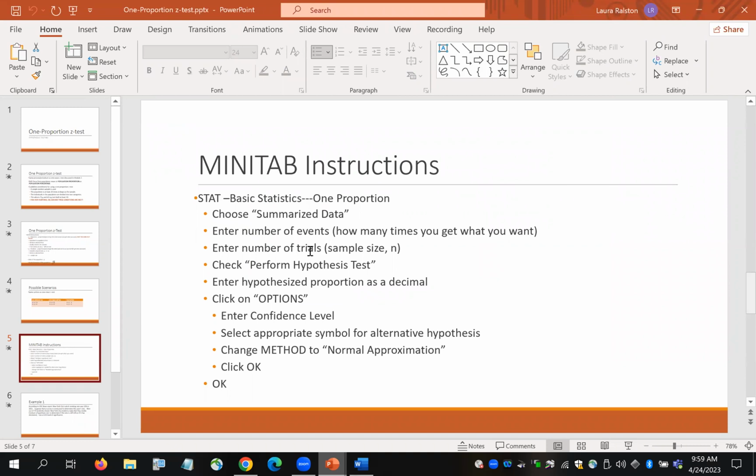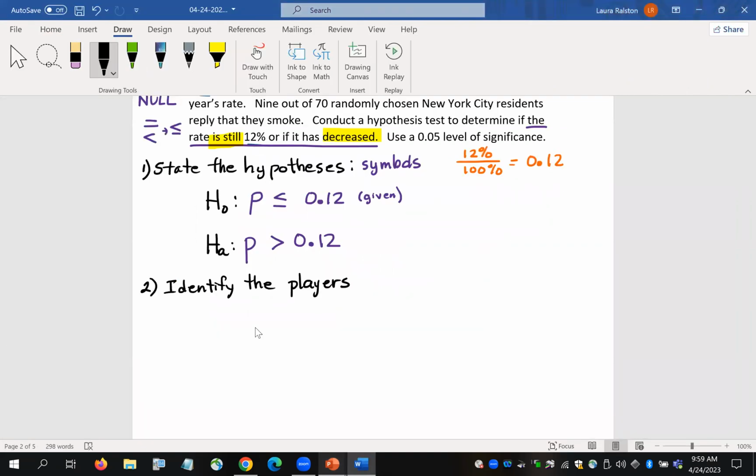We need P. Okay, I want to make sure I tell you what you need. We're going to need what's called P prime, N, and alpha.